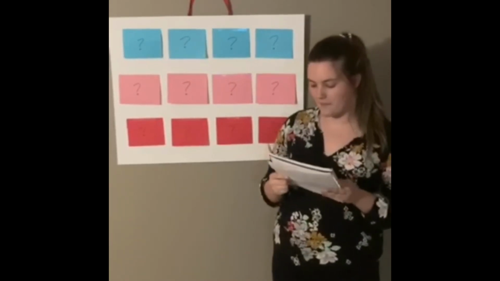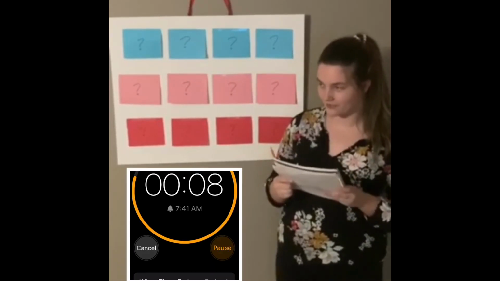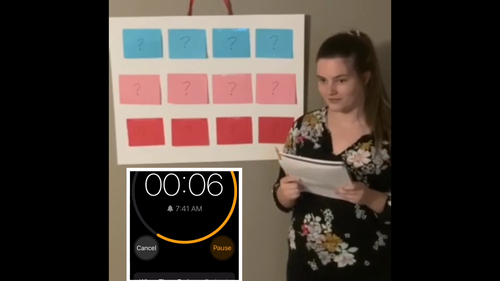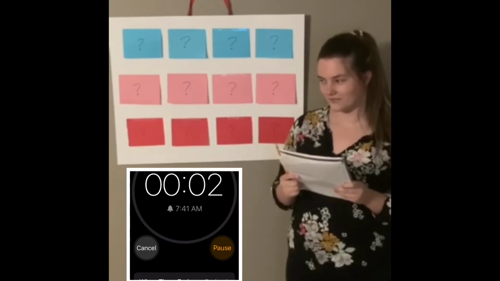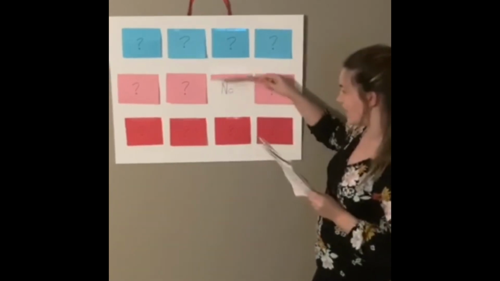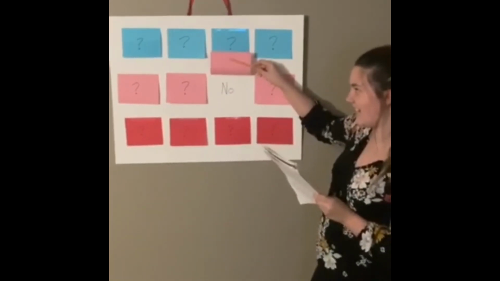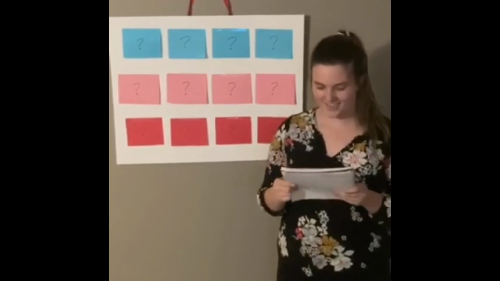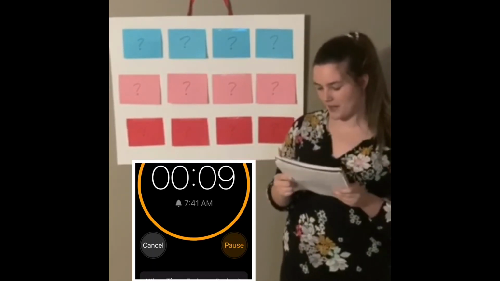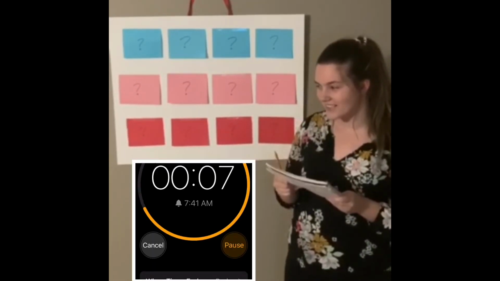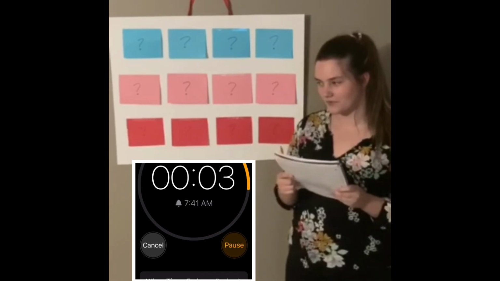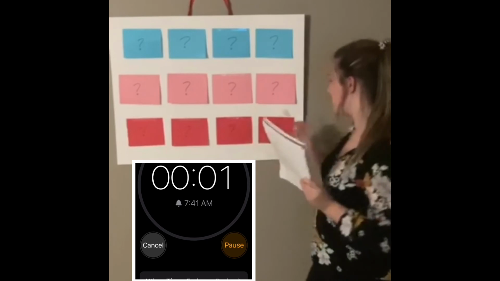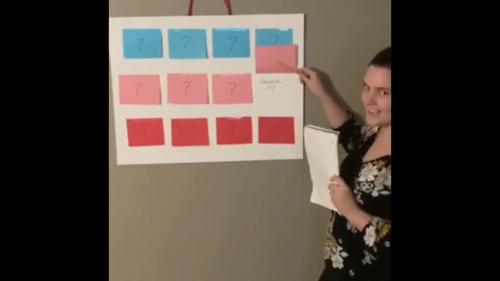Do scalars have magnitude, units, and direction? Nope. They do not, so no is the answer. Time is measured in what? It is measured in seconds.